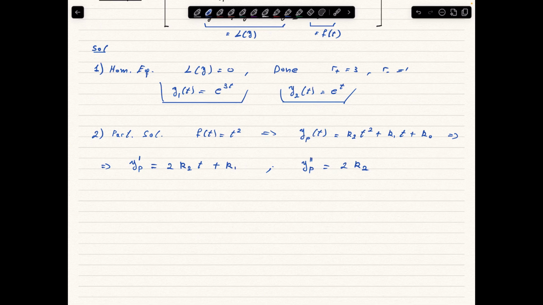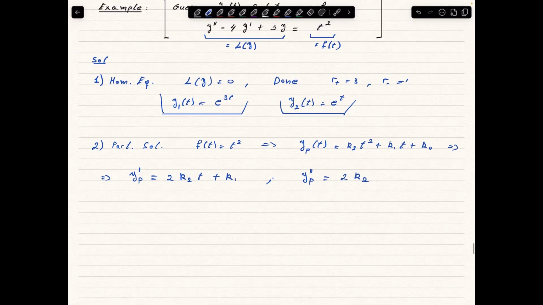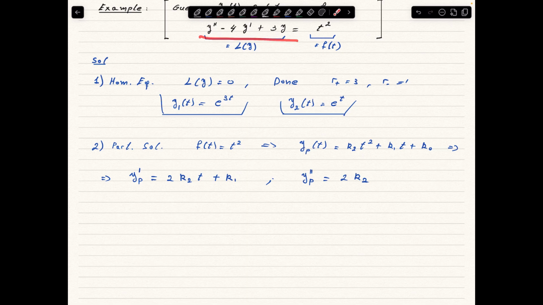So let's put everything into the equation, starting with the second derivative. The equation is right up here. There it is.